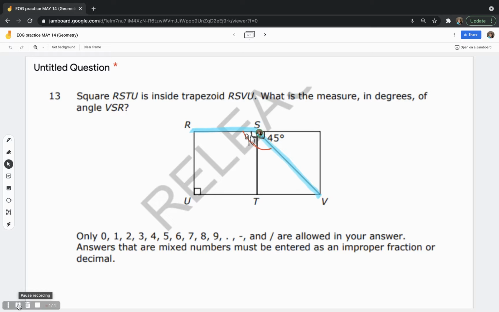So if we already have 45 here, then we would need another 45 here to make a total of 90. So then I'm going to add together 90 degrees plus 45 degrees. And that's going to give me 135 degrees for my answer.